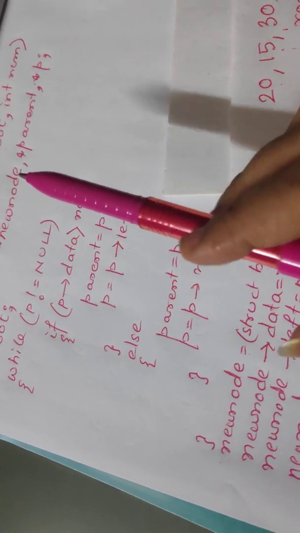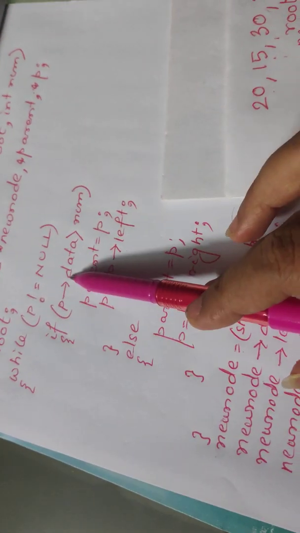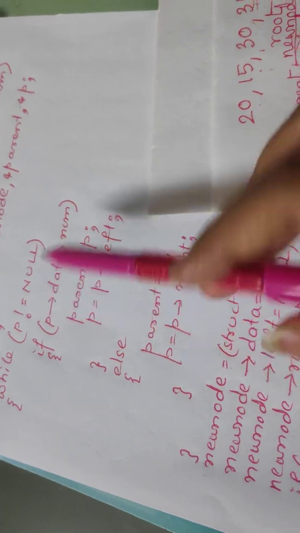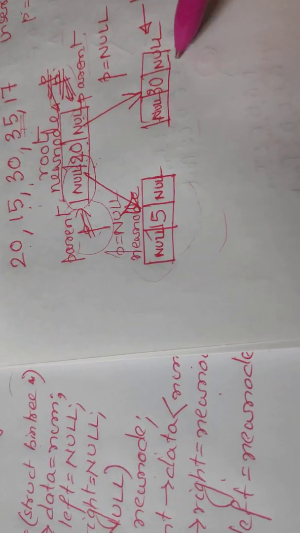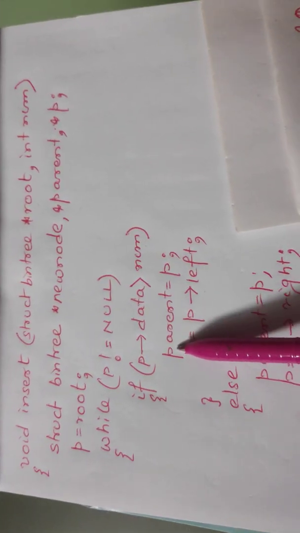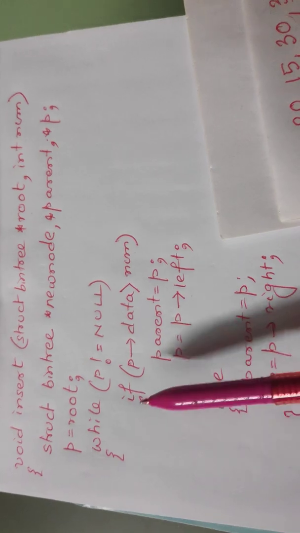Now when we were in the first level, in the second iteration of the loop, p was becoming null. But now you see p is pointing at 30 and p is not equal to null, it is true. So again we will enter the while loop.